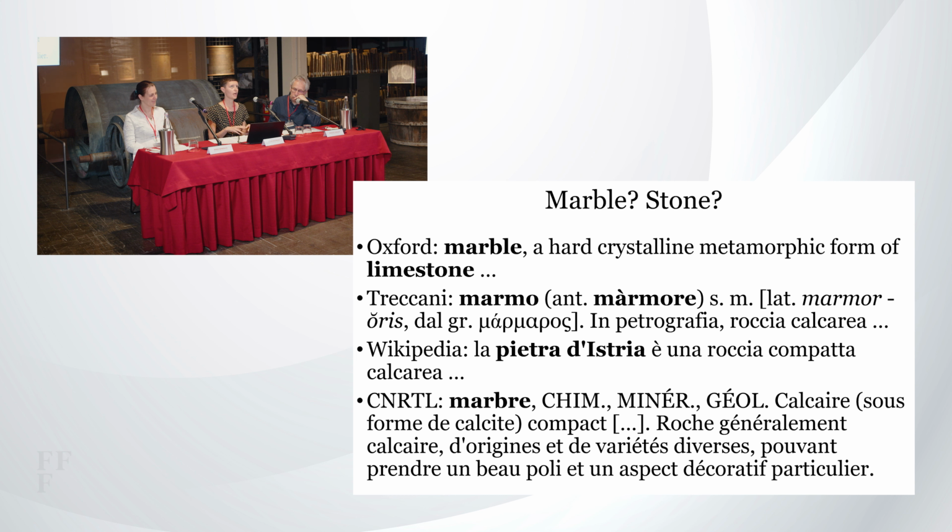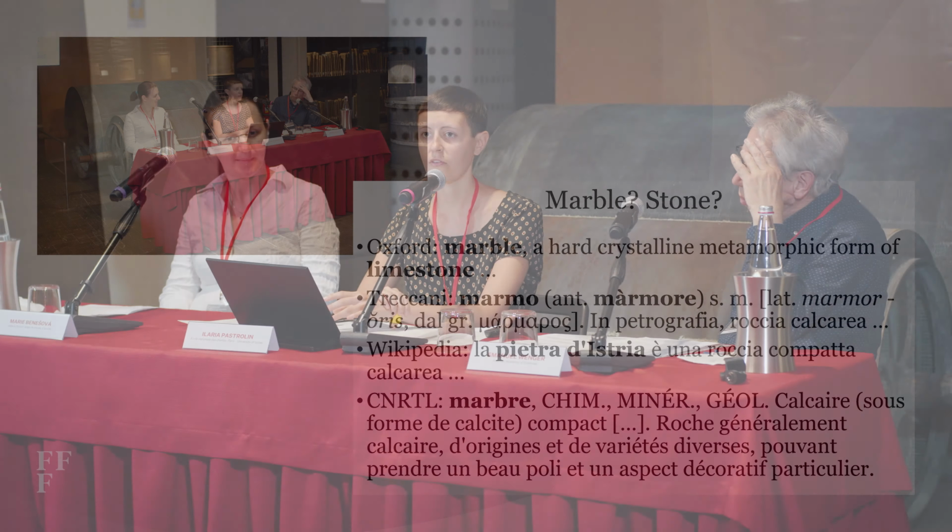And just as a parenthesis, I add that while I was studying this topic during the pandemic, I was reading In Search of Lost Time by Proust, and when he describes Venice, for instance, so we are in the 19th century, he always talks about Venice using the word marble.